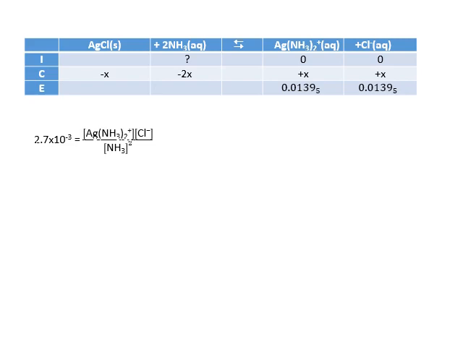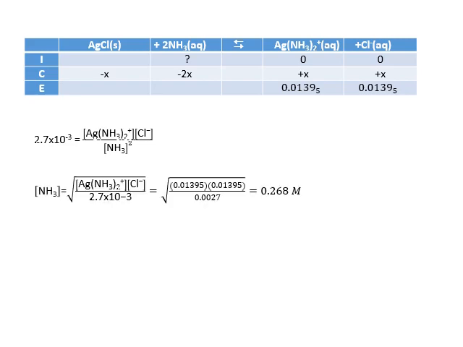Notice that the ammonia concentration is squared due to the 2 coefficient. Solving this for ammonia concentration and plugging in the values from the table, we see that the ammonia concentration needs to be 0.268 molar at equilibrium.